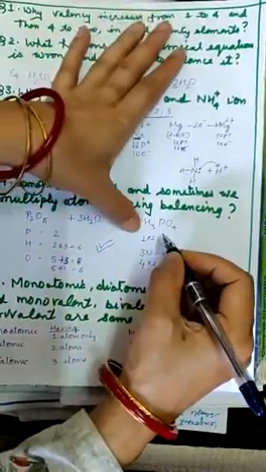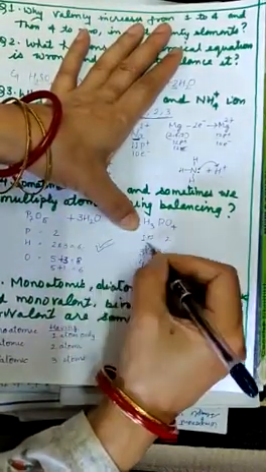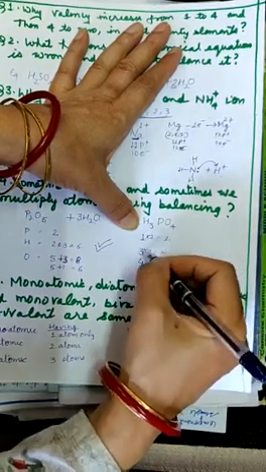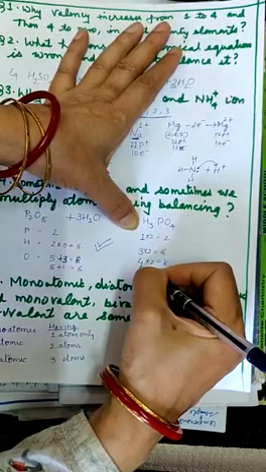What about here? Phosphorus 1 atom, hydrogen 3 atoms, oxygen 4 atoms.